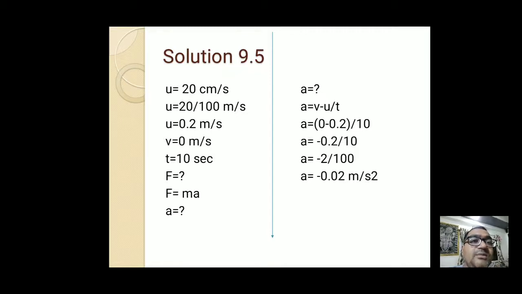So it becomes 20 upon 100 meter per second, which is 0.2 meter per second. So the initial velocity is 0.2 meter per second. The final velocity reached 0, so v is 0 meter per second. Time is 10 seconds, and we have to find the value of F.